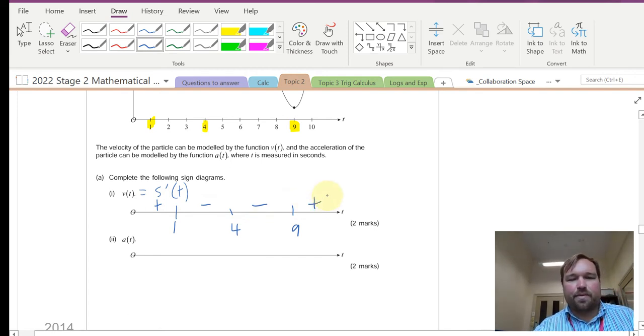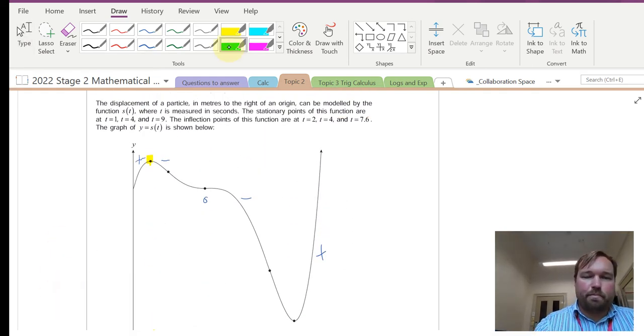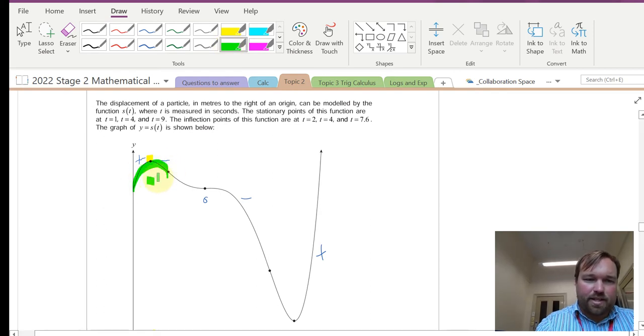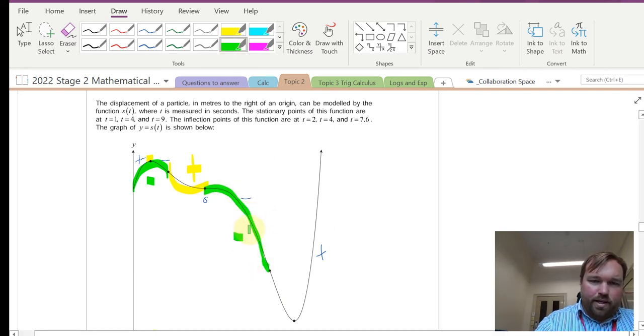Now a(t). a(t) is the second derivative. The second derivative comes from recognizing periods of concavity and convexity. So concave down is negative. Concave up is positive. Concave down is negative, and the remainder is concave up.